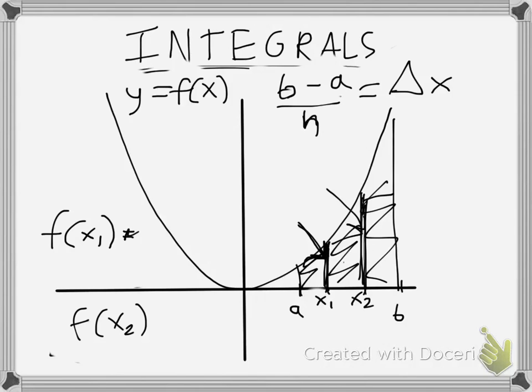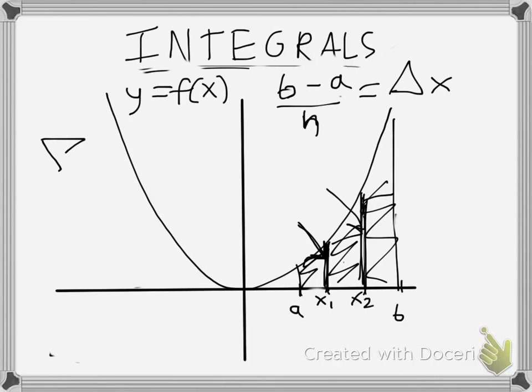See, it's always one less: the highest rectangle is always one less than how many rectangles we want, right? So if we wanted 3 rectangles, it would only go up to 2.